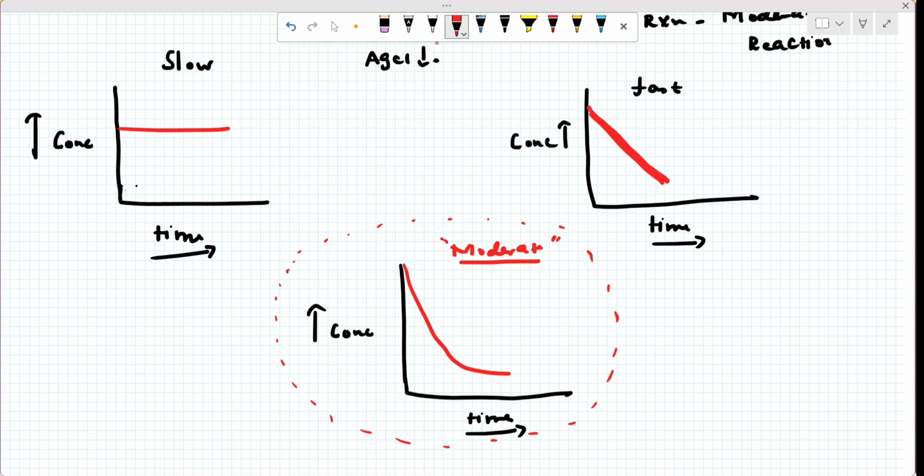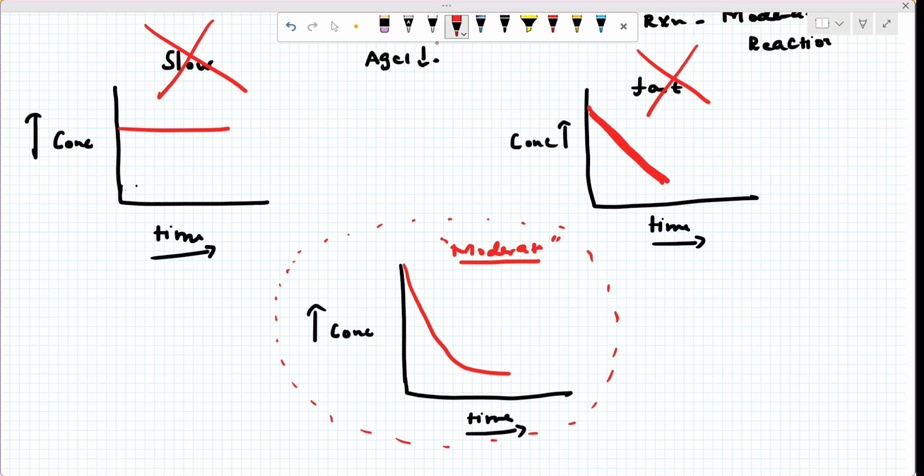So for slow reactions we cannot study rate of reaction, and for fast reactions we are not able to study rate of reaction. Why slow? Because the change in concentration is not measurable. Fast is the same meaning: the change is too fast, here it is too slow. So for both we cannot measure the rate of reaction.